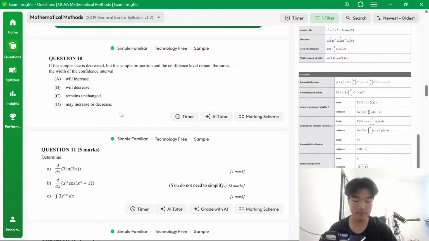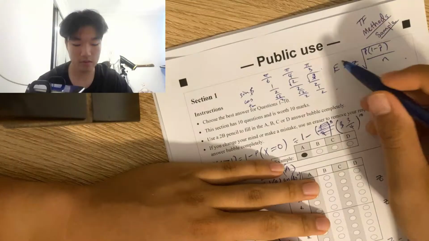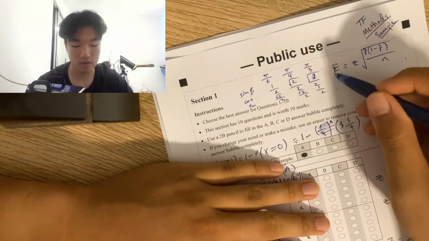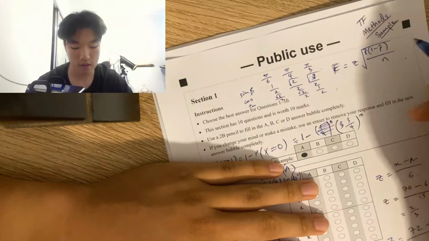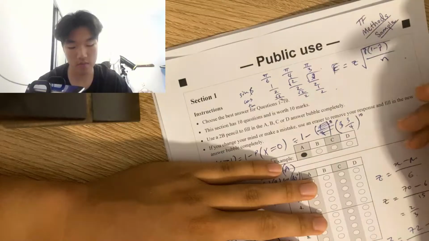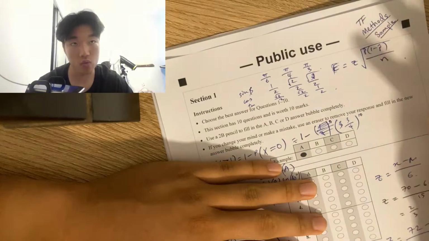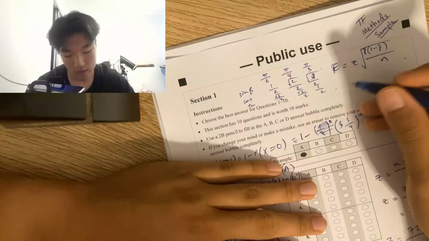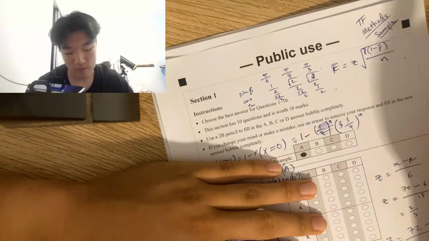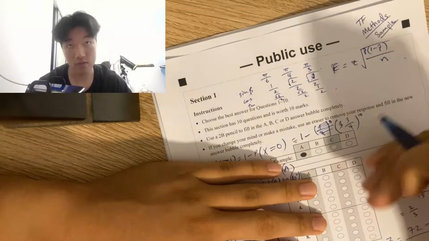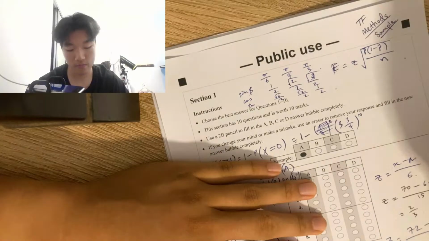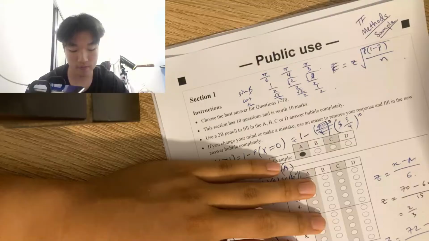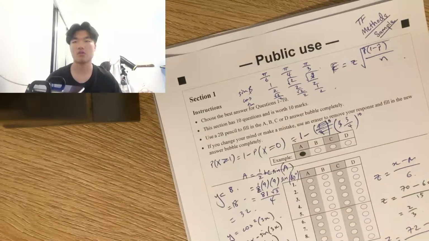Confidence level changes z, sample proportion changes p hat, but since they are maintained and we only decrease sample size, what happens? Decrease this number, you're actually going to increase the width. You're going to increase the margin of error, because when you divide a number by a small number, it's going to be relatively greater than if you were to divide it with a very large number, right?